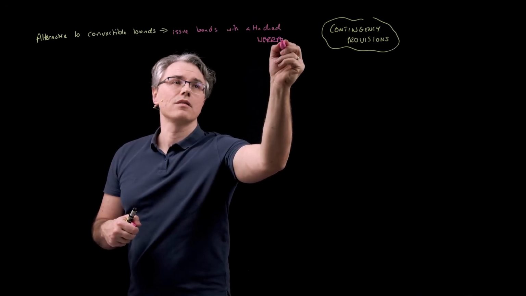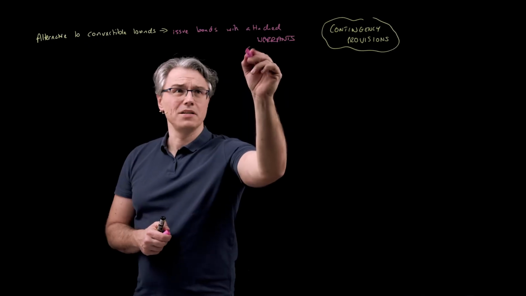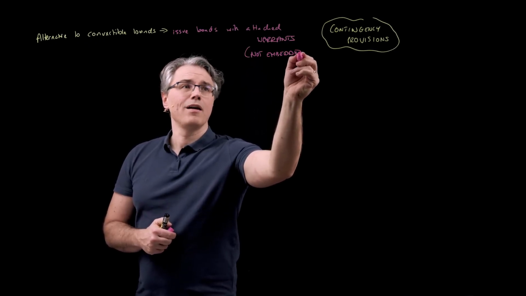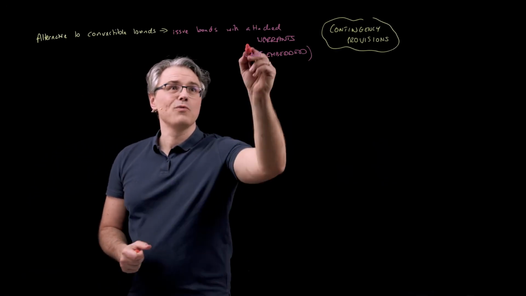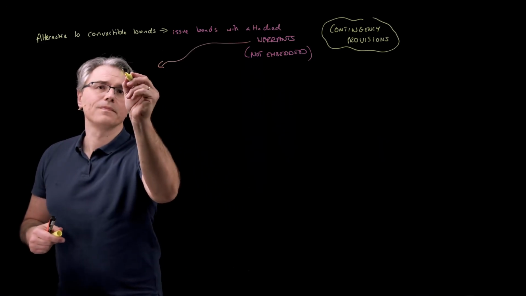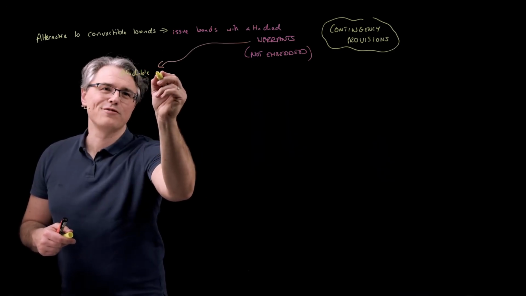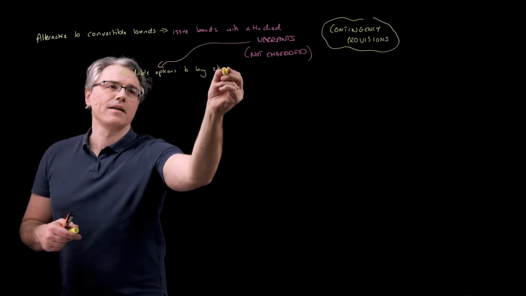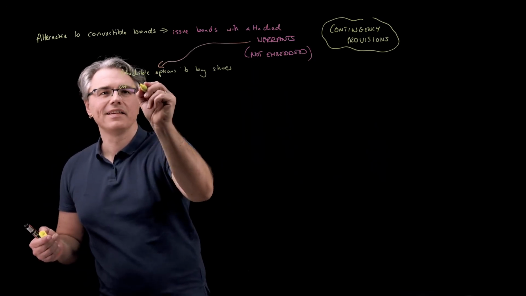Now, warrants are options to buy shares, but it's not an embedded option. A warrant is an option that is detachable from the bond. So warrants are detachable options to buy shares, and obviously at a fixed price in the future.